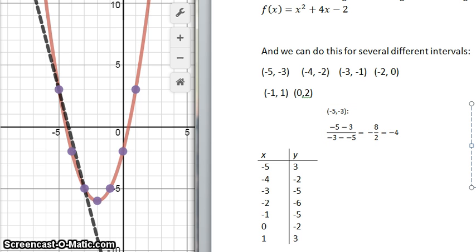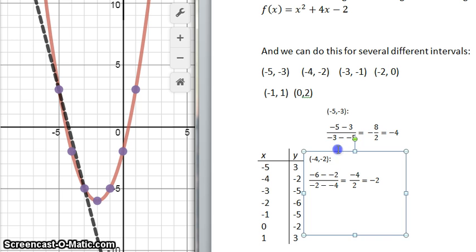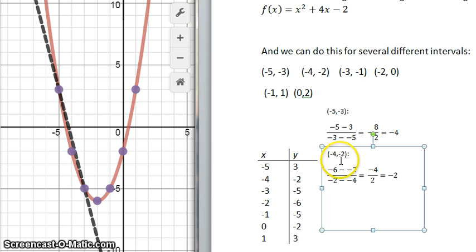Remember that subtracting a negative actually makes it adding a number. So if we got -4 to -2, because that's our interval, we got -6 minus a -2. And that is -4/2, because the change in x is 2, which equals -2.